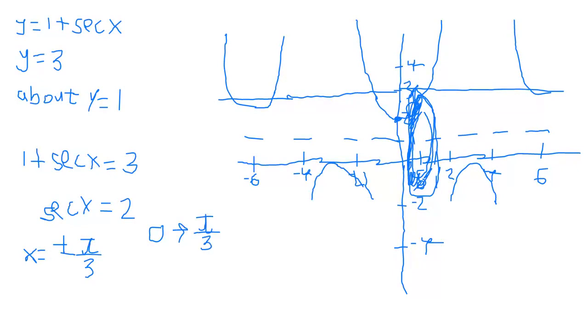So all we would do from here is find our two radii. One radius we can clearly see, from 3 to 1, that's 2. That is our outer radius.